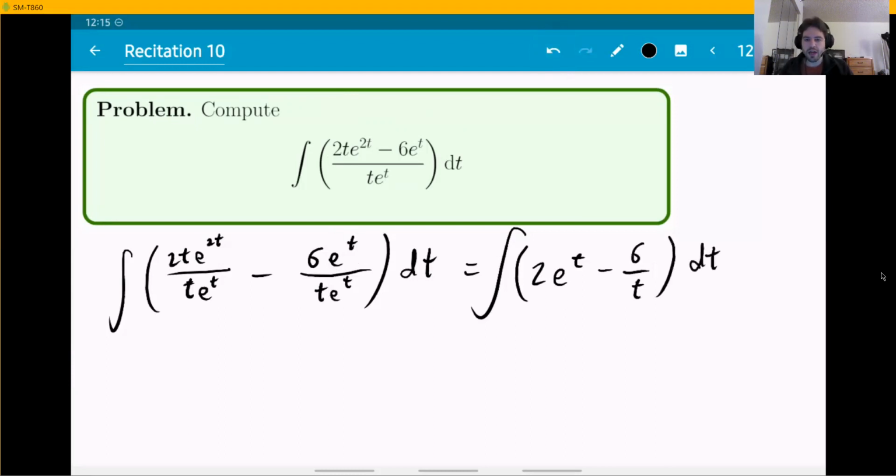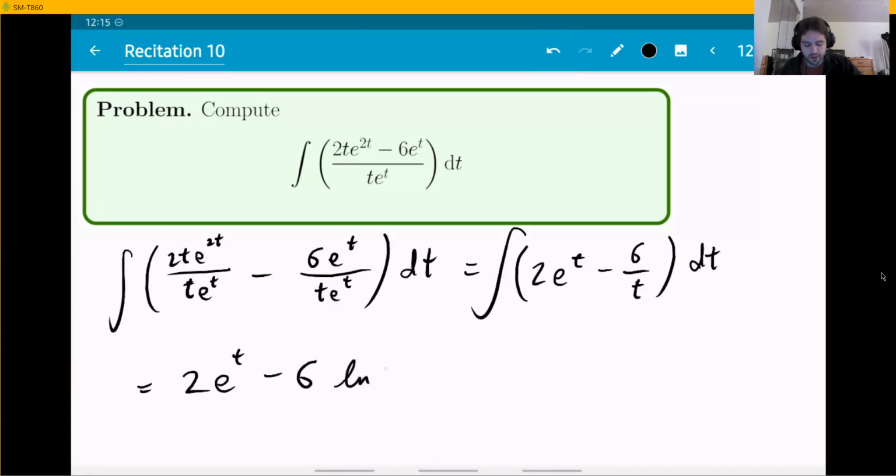This is the simplification, and now this function became a sum or difference, in this case, of two functions whose antiderivatives we know. Namely, the antiderivative of e to the t would be e to the t itself, a function whose derivative is e to the t. And there's a factor of 2 in front. I'm leaving that 2. Now for the second part, there is a factor of minus 6. Let's leave that. And now what is a function whose derivative is 1 over t?